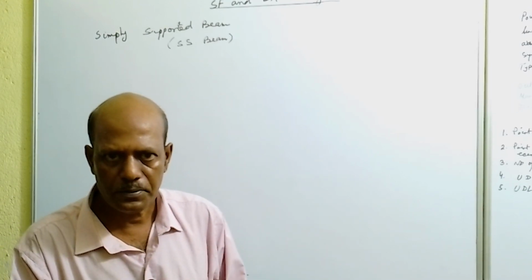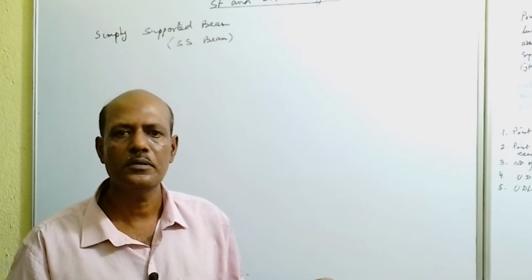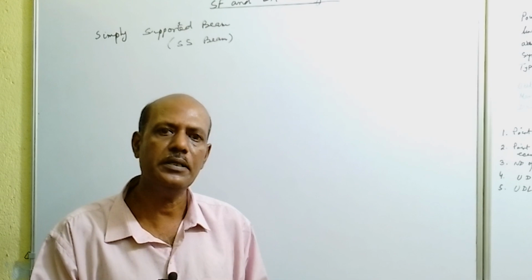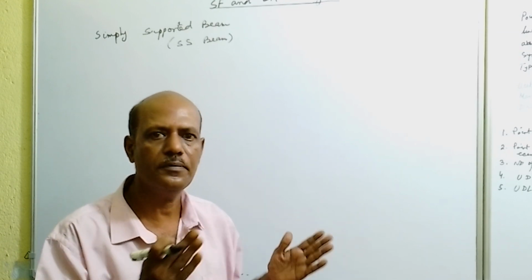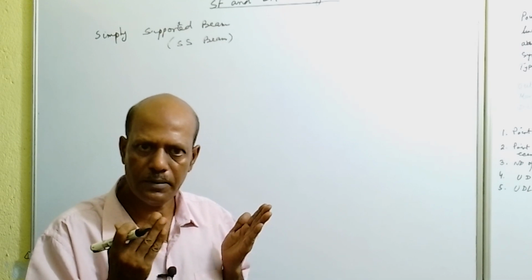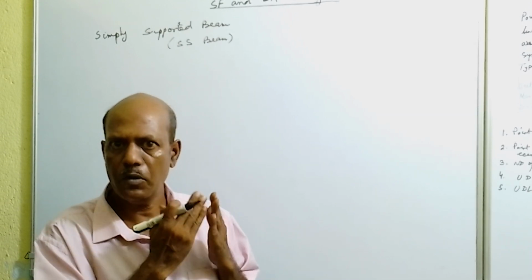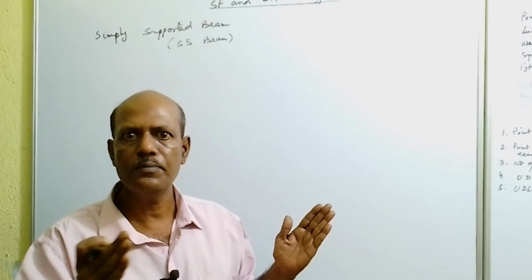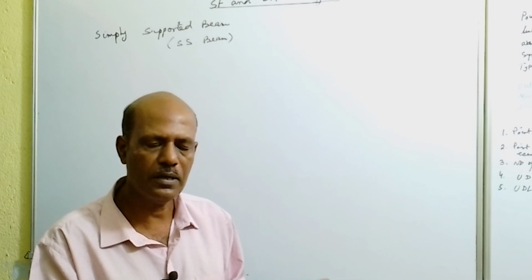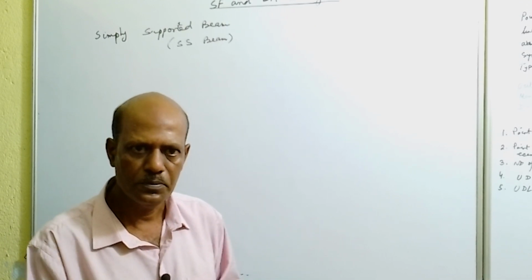The definition of shear force is the algebraic sum of all the vertical forces acting to one side of the section considered, whether it is right side or left side of the section. So for cantilever beam we are moving from right to left, and for simply supported beam or overhang beam we are moving from left to right. You can move from left to right or right to left, any one you can move.